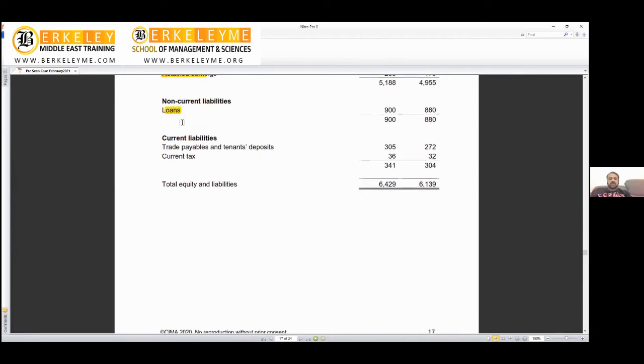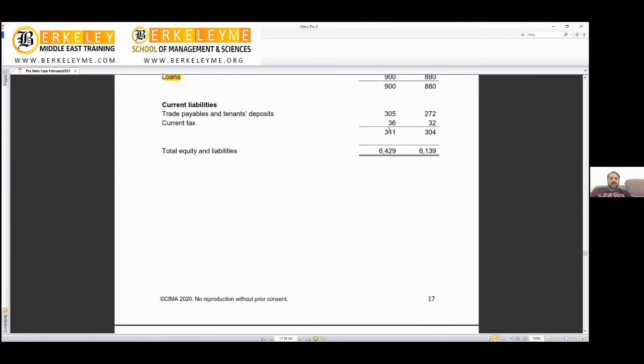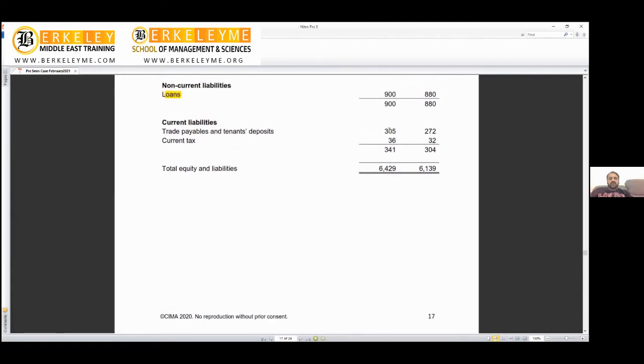They also show how much debt you have, how much equity you have, trade payables, and tenants' deposits, which are also increasing. Deposits are also your liability because you have to return them. Any deposits you take from your tenant will go in your deposits as a liability, and in the tenant's books it will be in the receivables.